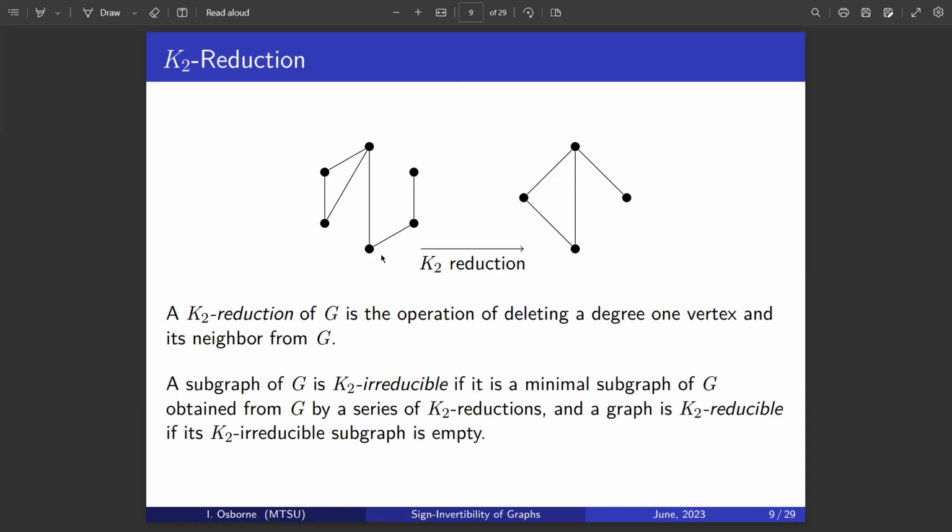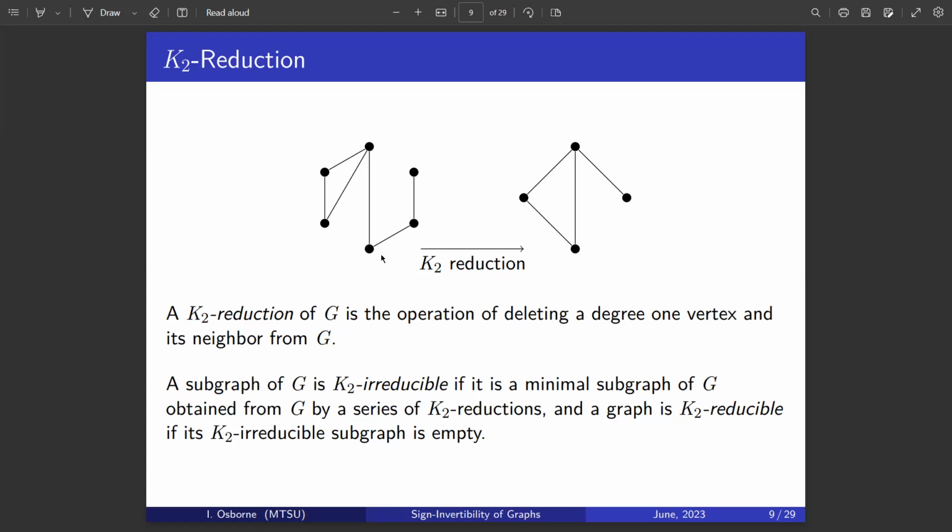So if it was unimodular before you took those vertices out, then it'll be unimodular afterwards. That allows us to take these really complicated structures and simplify them down even more.